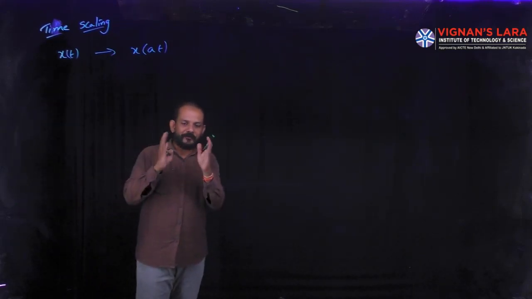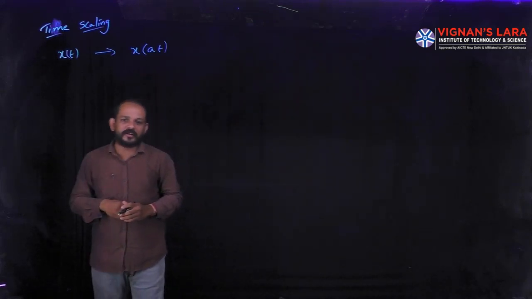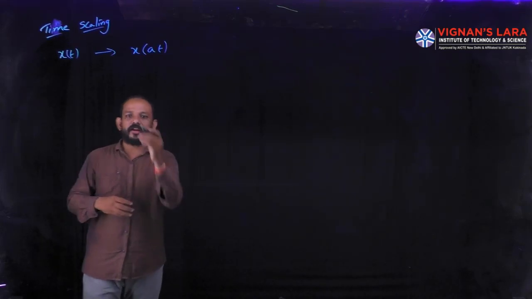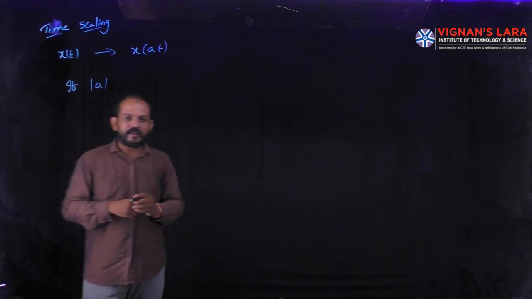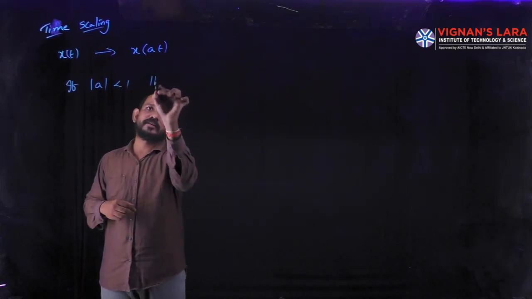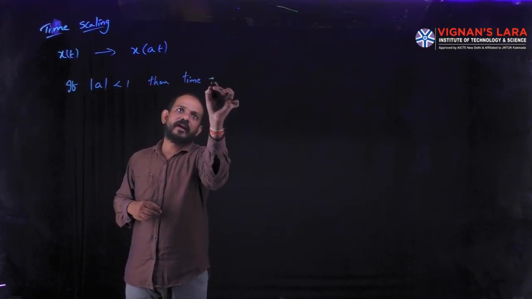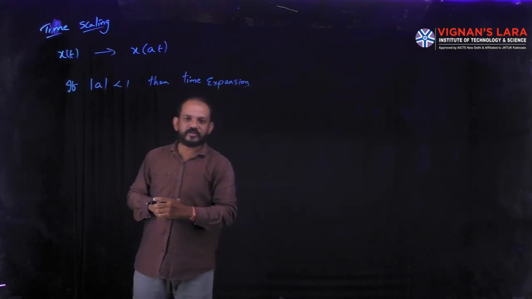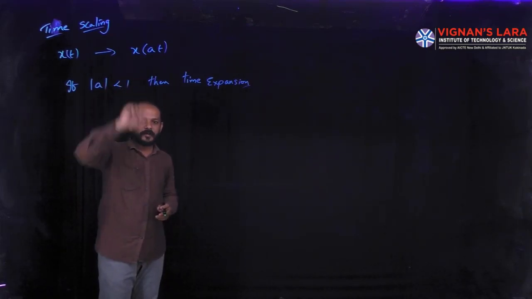If the value of small a, that is mod a, is greater than 1, then we go for time compression, which I explained already. Now if the mod of a value is less than 1, then we get time expansion. So now we'll explain the time expansion of the time scaling operation.